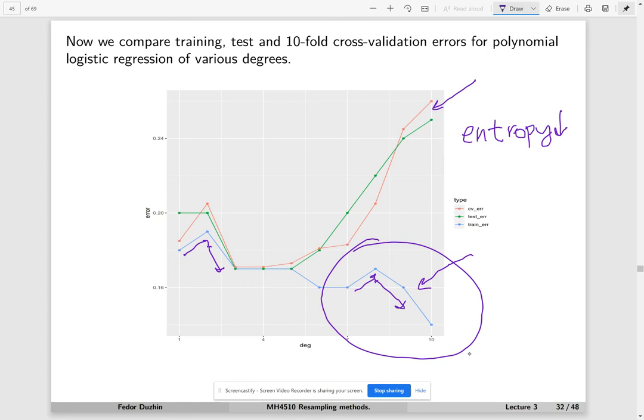So the number of predictors for a two-variable polynomial logistic regression of degree 10 is not 10. It's going to be 1 plus 2 plus 3 and so on plus 11, which is 12 choose 2.